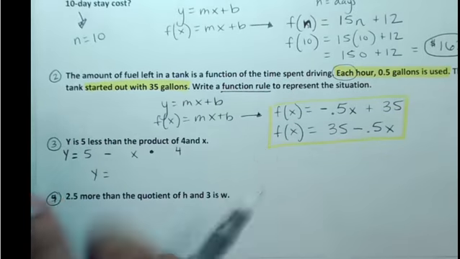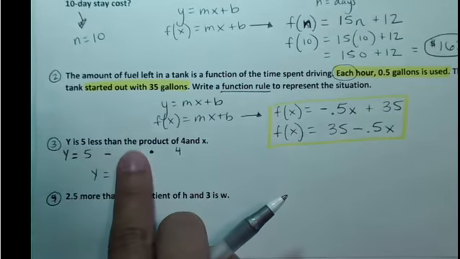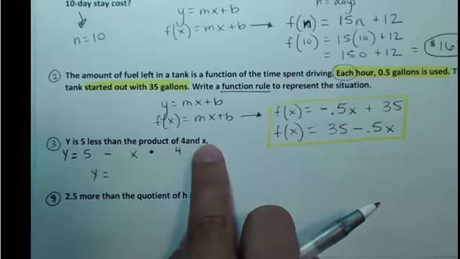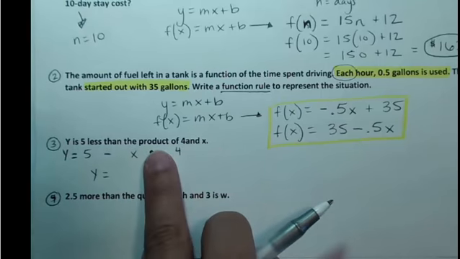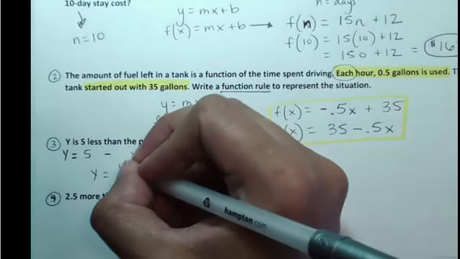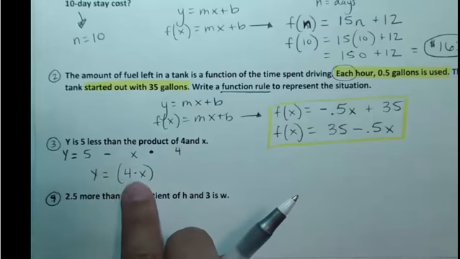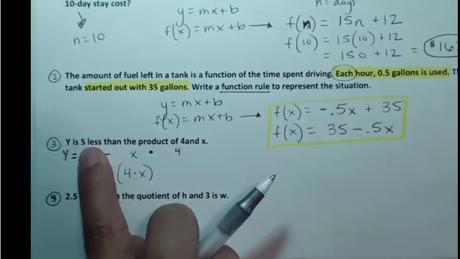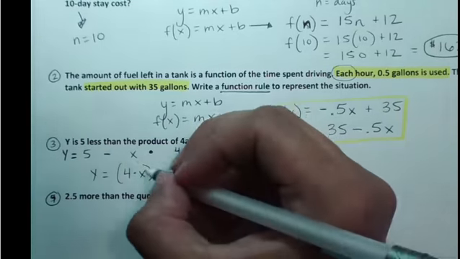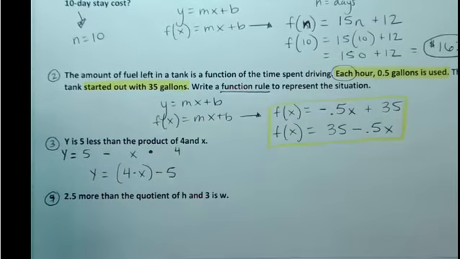So y equals, y is 5 less than the product of 4 and x. So that's telling me I have to multiply 4 and x together. And then once I find the answer to that multiplication problem, y is 5 less than that. So I'm going to subtract 5 from the product of 4 and x.